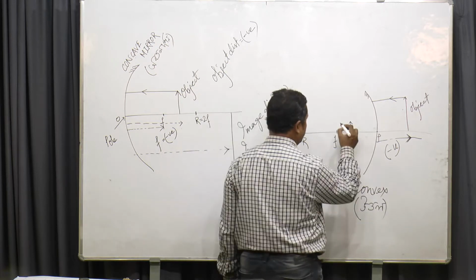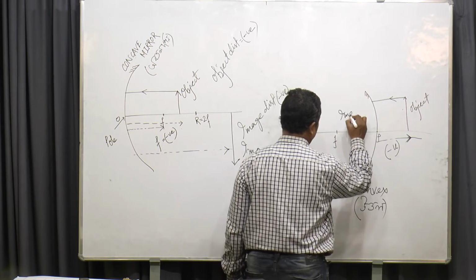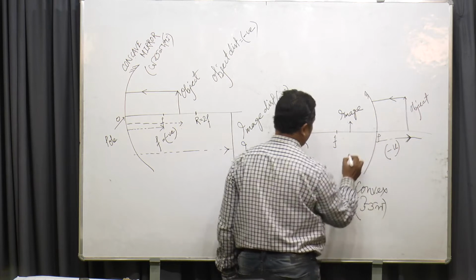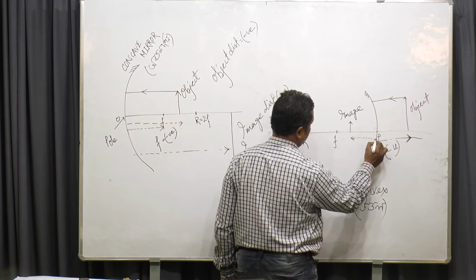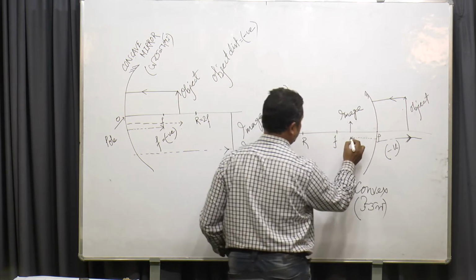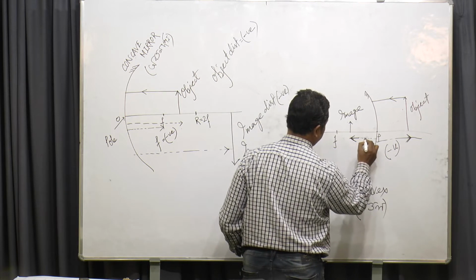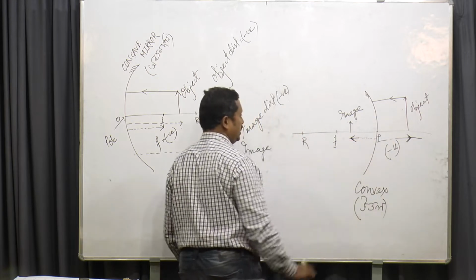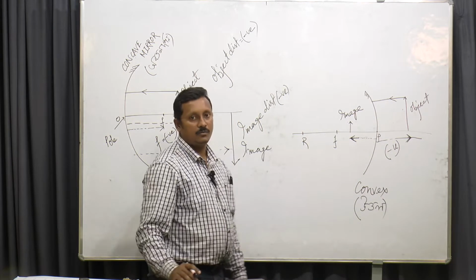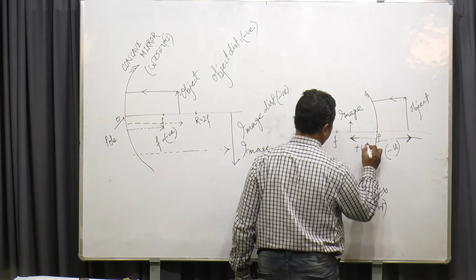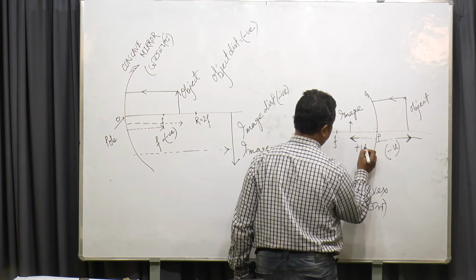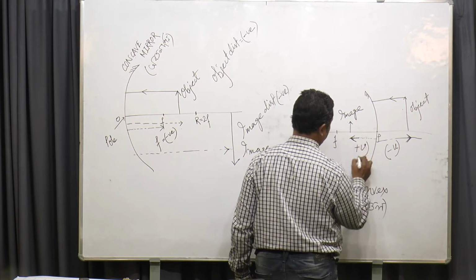Now this is the image. I am calculating my distance from the pole. Now this direction and this one become the same, that is I am in favor of the incident ray. So the image distance will be positive, it will be plus v.